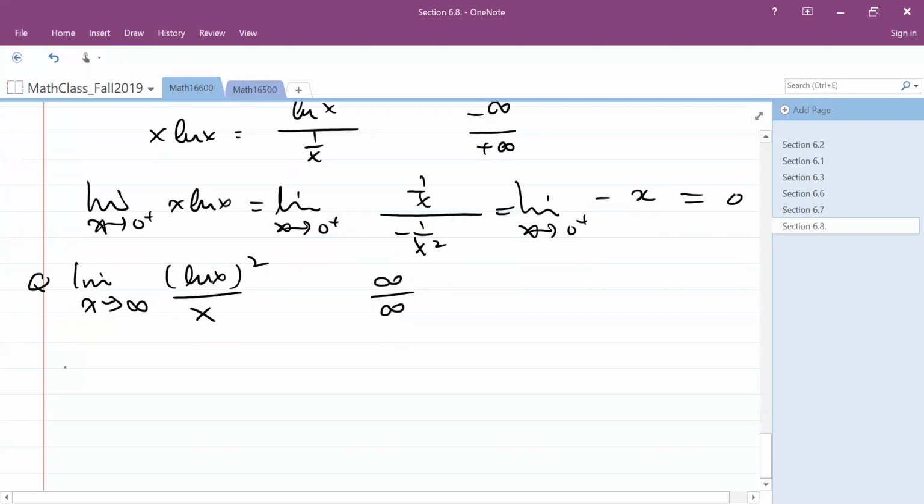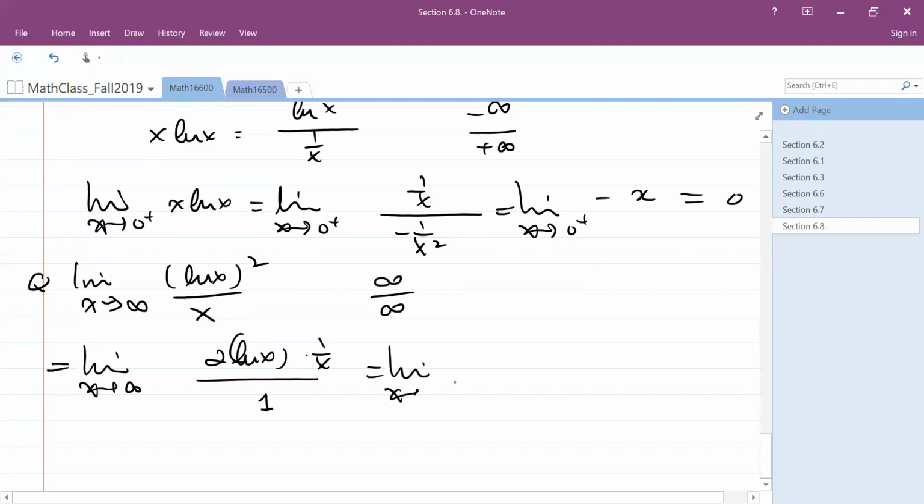So you can apply L'Hopital's rule. The derivative of the square of natural log is 2 natural log of x times the derivative of natural log of x, which is 1 over x, and the denominator is 1. Then you get a quotient again. After you simplify, you get 2 natural log of x over x.